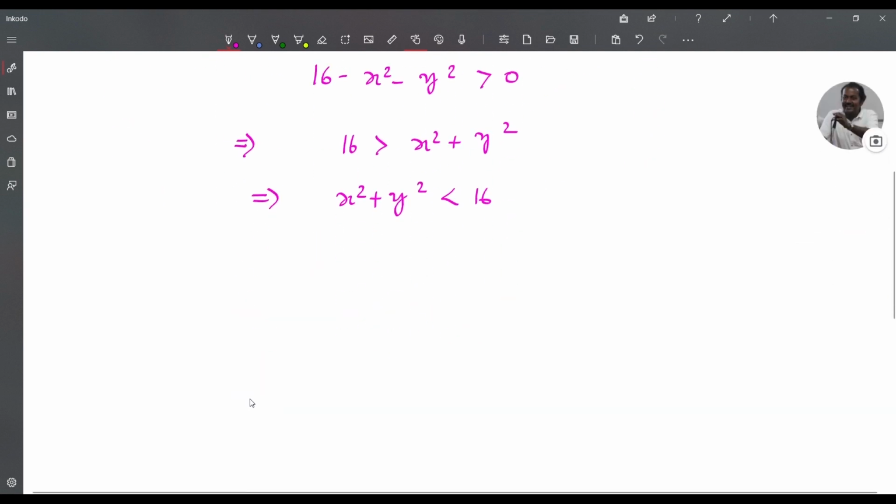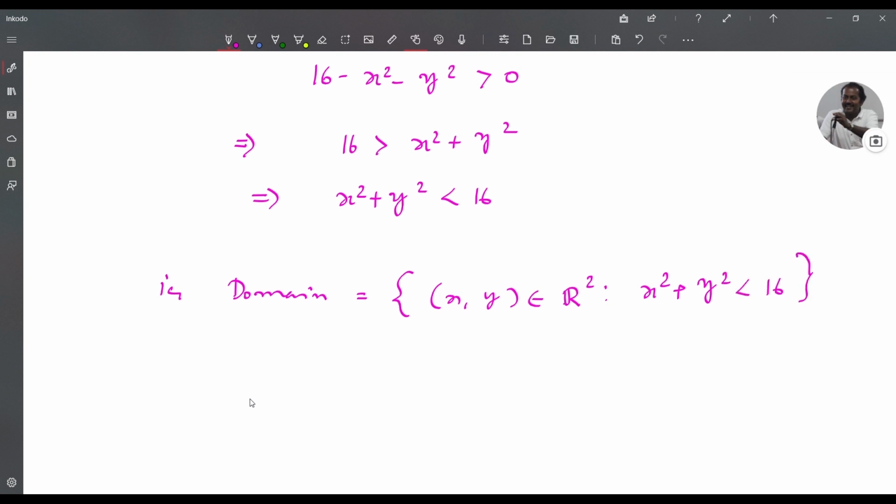That is, the domain is the set of all x, y in R2 such that x square plus y square is less than 16.